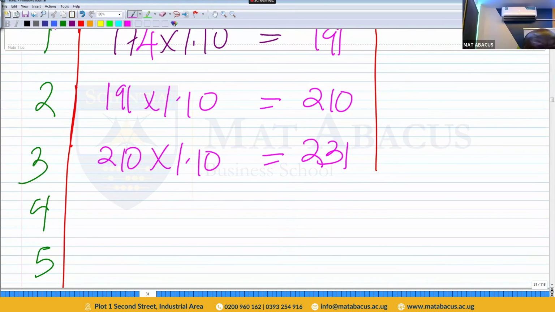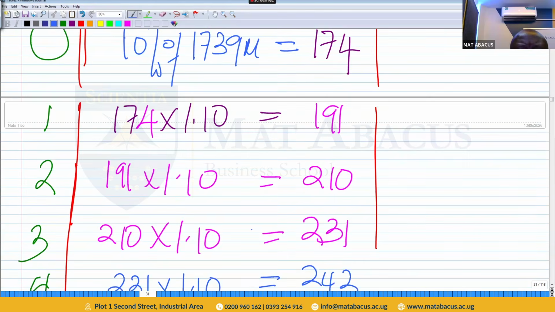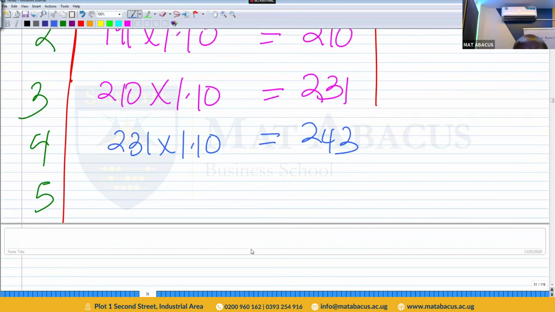And in year 4, you'll have your 231, increase it by 1.10. When you increase that, you'll get 243. Because we started in year 0, in year 5, we have no business apart from recouping. Recouping is the same as recovery.